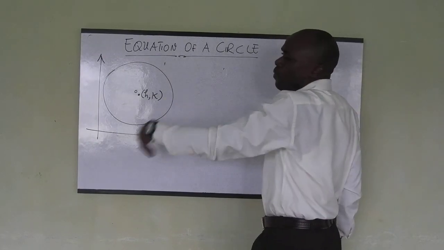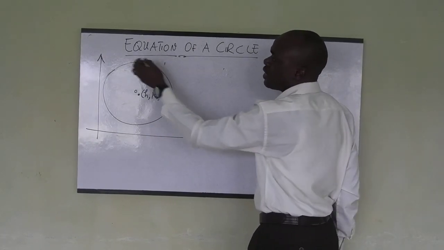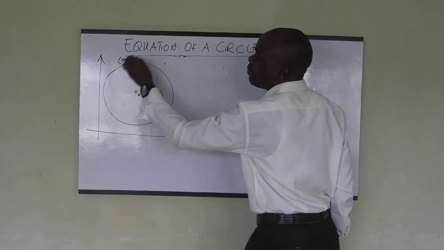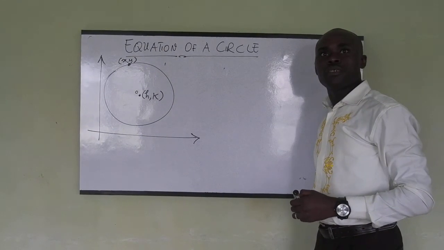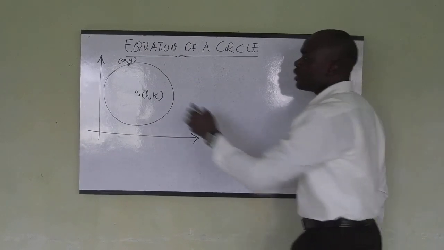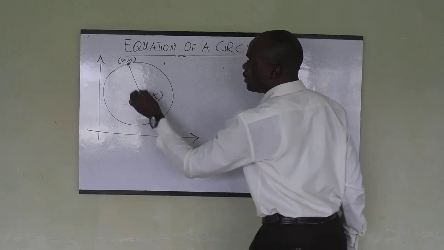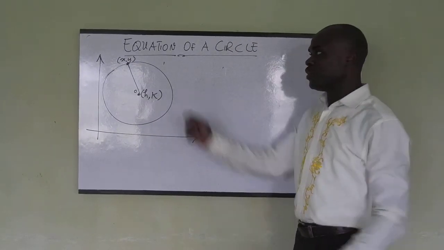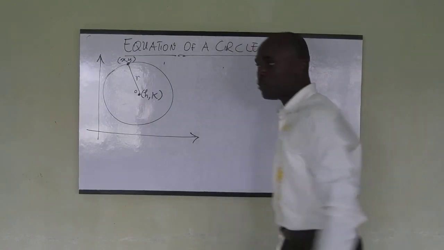And I'm going to pick any point, let's call it an arbitrary point. Here, I call it (x, y), the arbitrary point on the circle. So I'm going to join this point, and remember that is called the radius. So we have the radius of the circle.